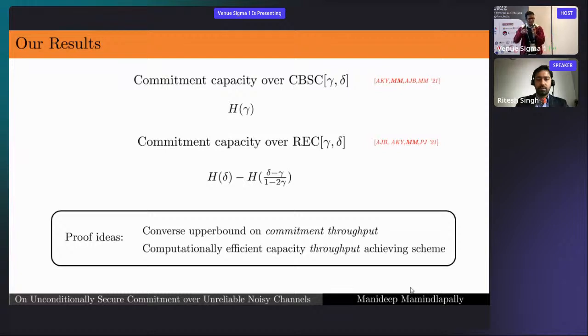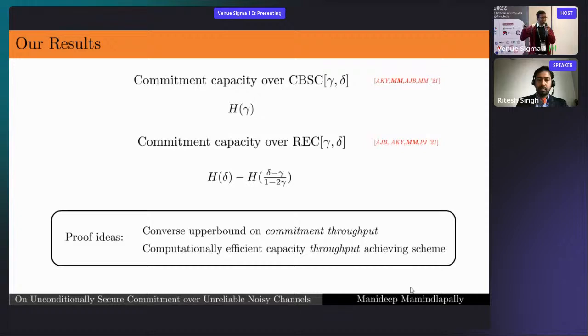The BSC gamma is what you would be most certain about, and if you are most certain about something, then that is not good for commitment. So commitment, unlike reliable communication, requires this noise. Noise is a resource here. So BSC gamma is basically the least noise thing we can say.